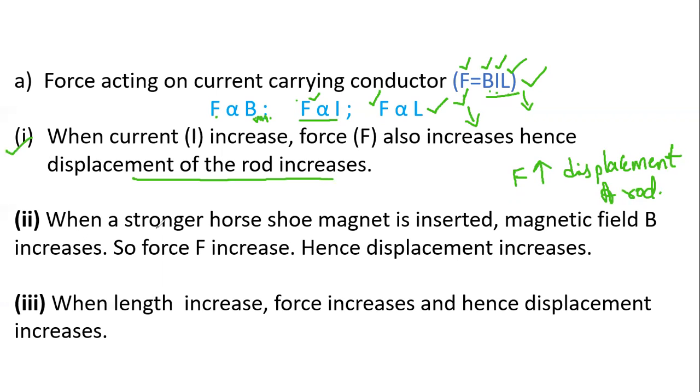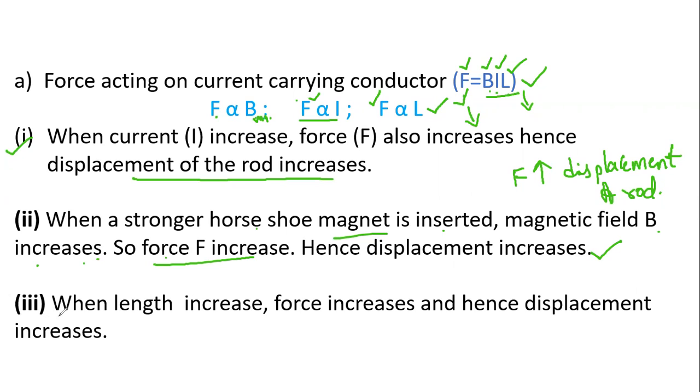After that, when a stronger horseshoe magnet is inserted, magnetic field B increases. So, force F increases. Hence, displacement will increase. As easy as that.